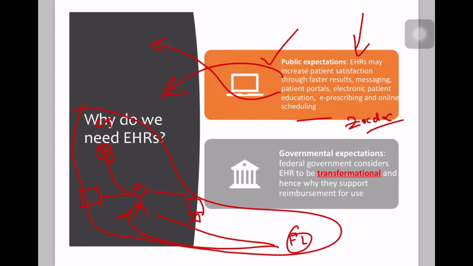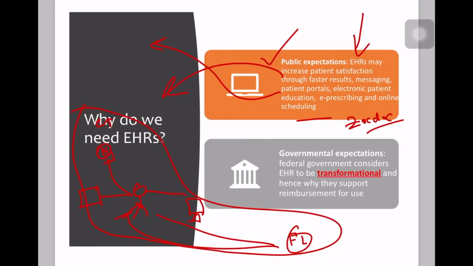On the federal side, EHR is considered to be transformational, and hence the reimbursement for its use. For several things, the federal government supports this digitization: to check overall community health, to monitor and manage the flow of drugs, and to manage the flow of medical supplies.